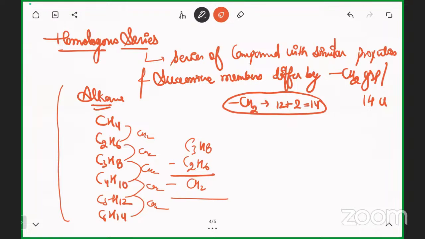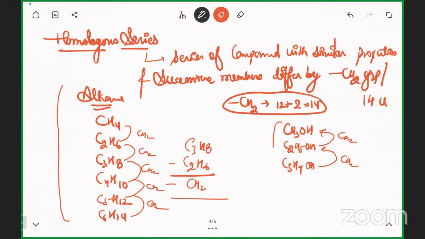Okay. So sometimes we also have the functional group family. For example, I'm talking about CH3OH, C2H5OH, C3H7OH, this sort of family. If you subtract any of the compounds, they will again differ by CH2.